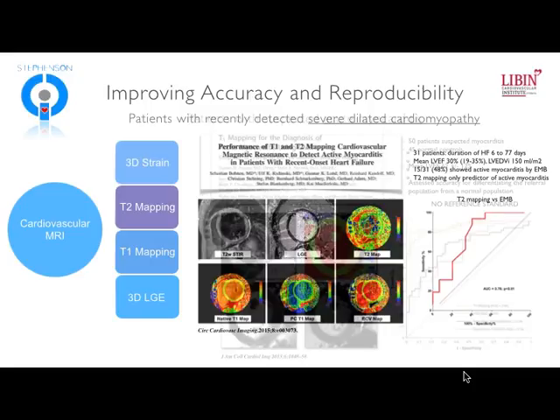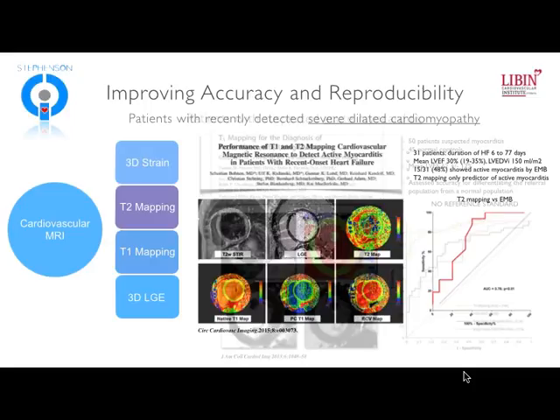A similar study, but looking at a different cohort, was just recently published, and I thought it was worth mentioning. In patients with severe dilated cardiomyopathy, so these are patients presenting with EFs in the 30% range, not an acute myocarditis presentation from an ACS standpoint, but more of a dilated cardiomyopathy presentation, these patients were found by endomyocardial biopsy to have a relatively high prevalence of what was considered myocarditis by histologic criteria.